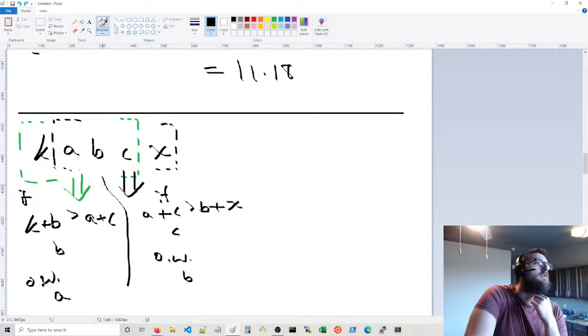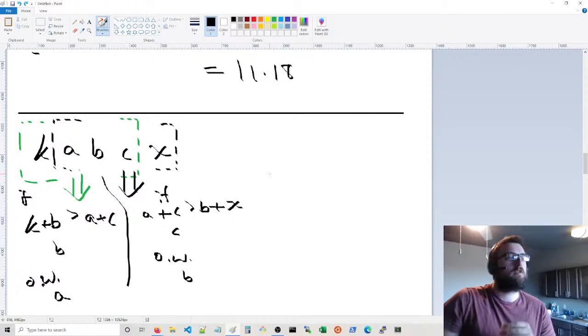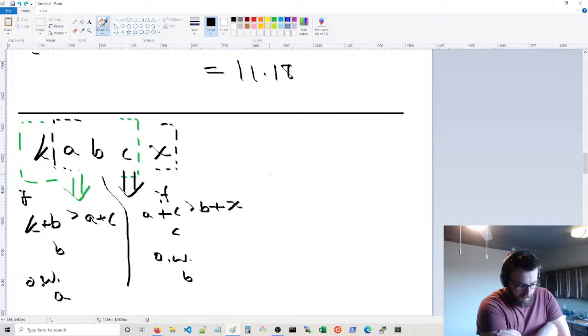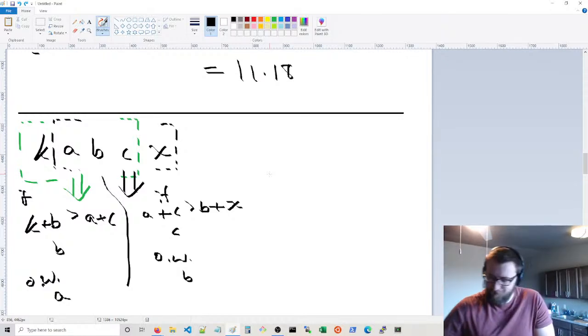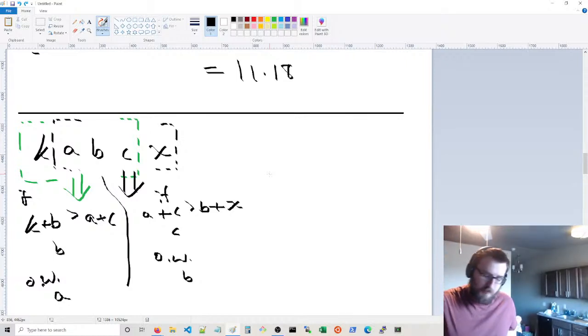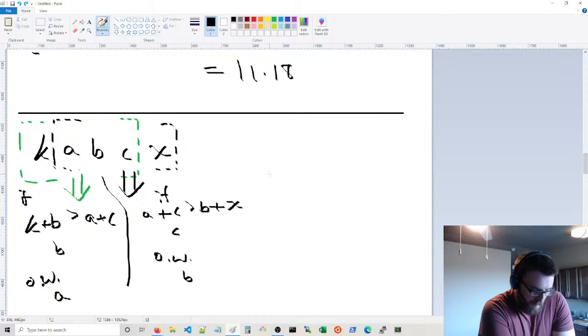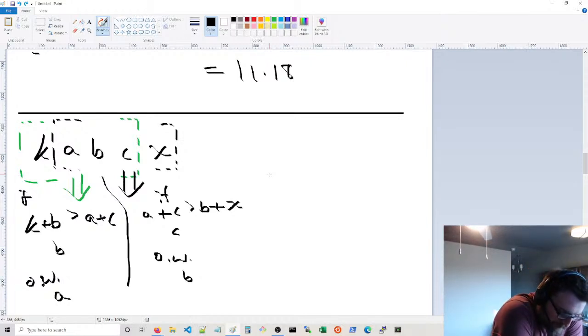I don't actually know. I'm wondering a couple things. One, maybe this could be something we use dynamic programming for, or I'm trying to think this through.